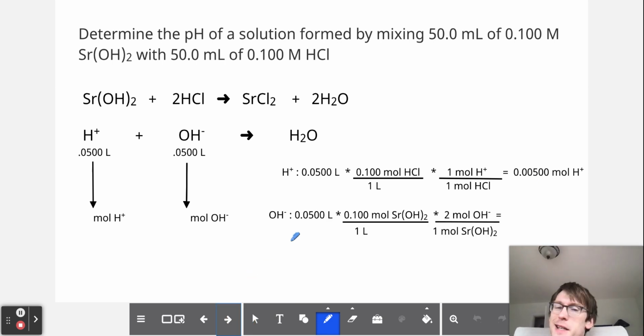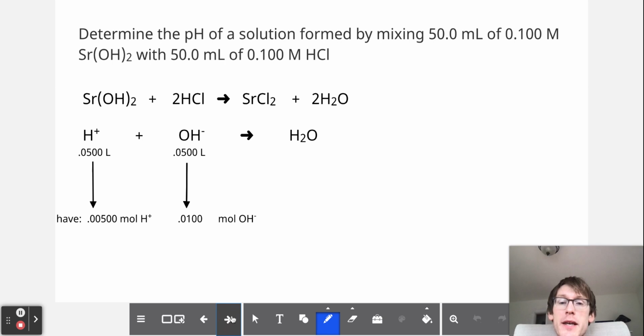With the OH-, it's a little bit trickier, right? Because we have a volume, we have a molarity of the strontium hydroxide, but because each mole of strontium hydroxide gives 2 moles of hydroxide, we actually have 0.0100 moles of hydroxide. And so from here, we can say that we have a certain amount of H+ and OH-, and we can subtract out the moles of H+ because that's smaller.